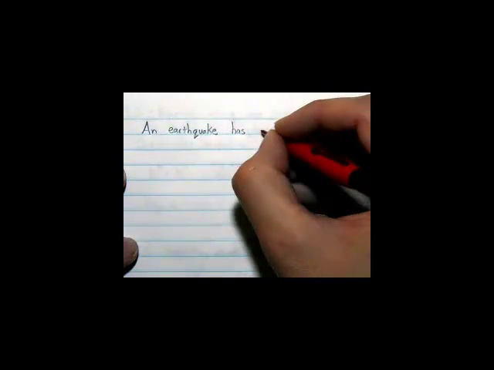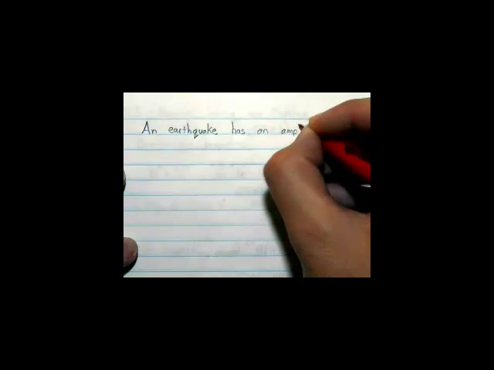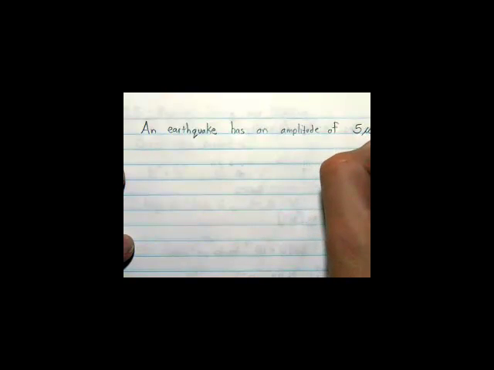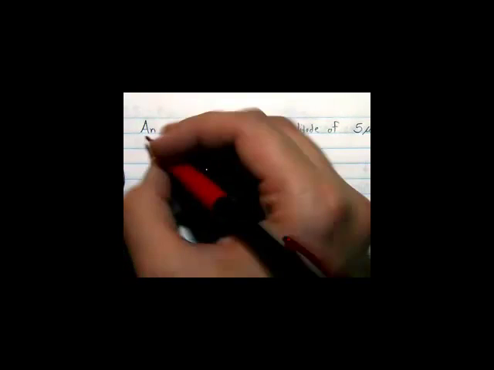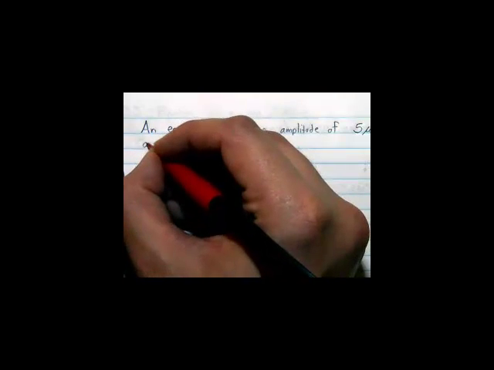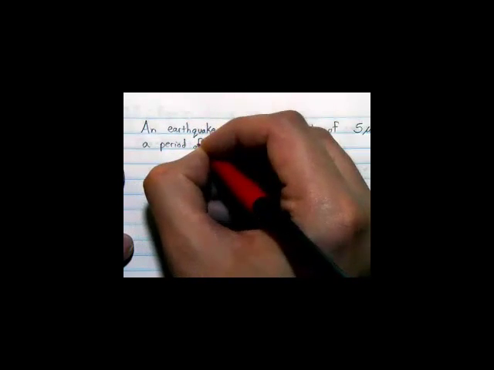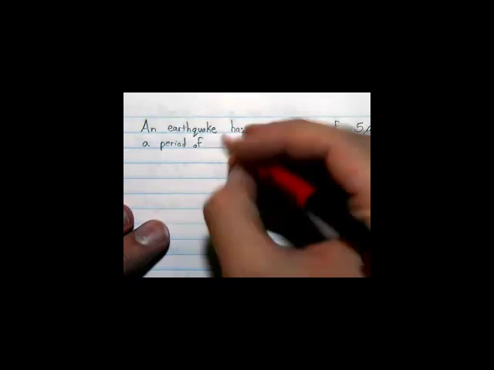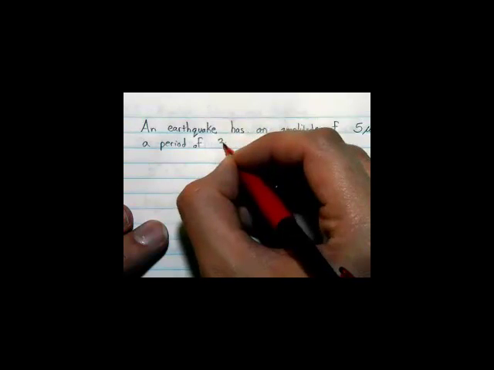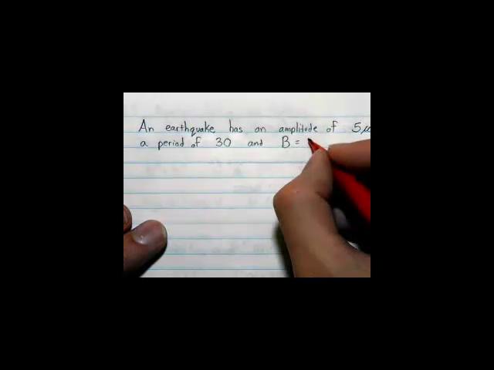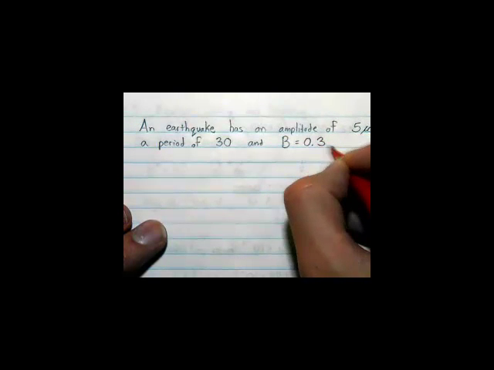Let's say an earthquake has an amplitude of 5 micrometers, a period of 30, and B equals 0.3.